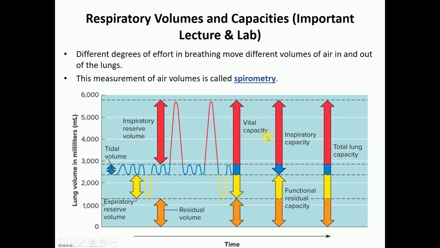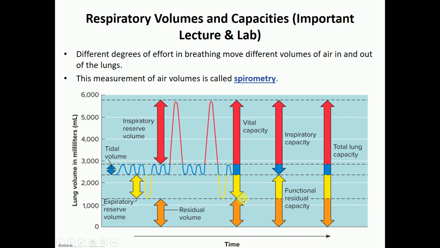Now, the vital capacity, and that is really the volume that is of the most clinical importance. The vital capacity is when you ask the patient to inhale as much as possible and then exhale as much as possible. That is known as the vital capacity.